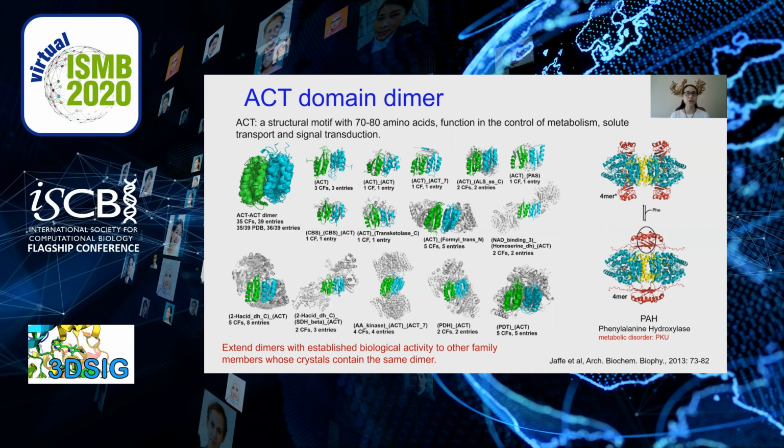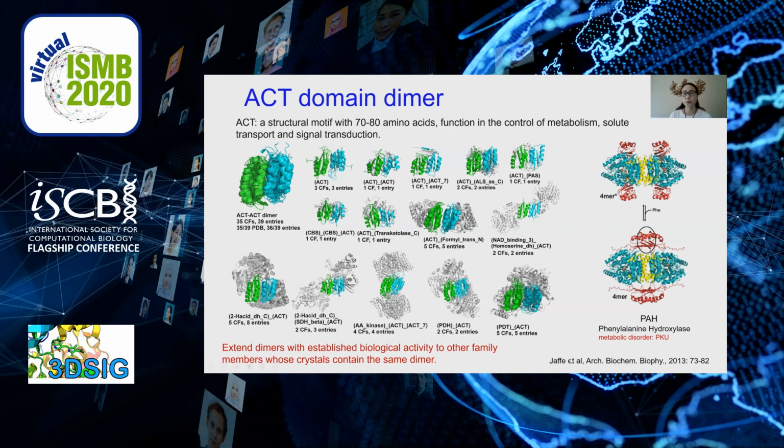ACT is a structural motif important in the control of metabolism and other cell functions. So ProtCID has an ACT cluster. You can see from this figure, ACT forms the same dimer in different chain Pfam architectures and different proteins.